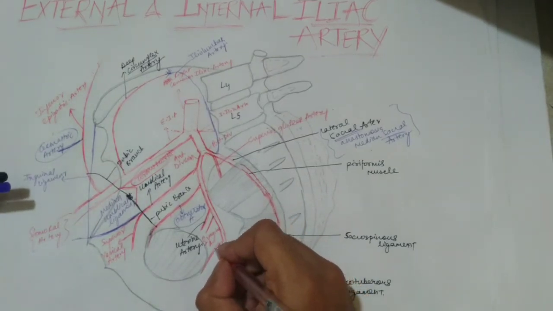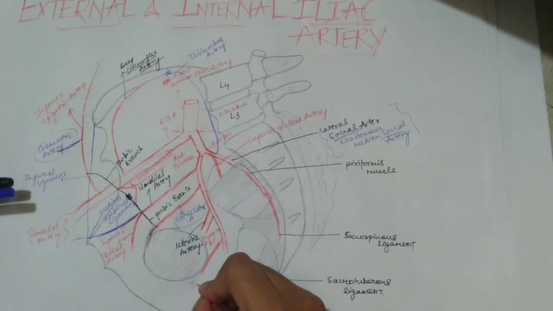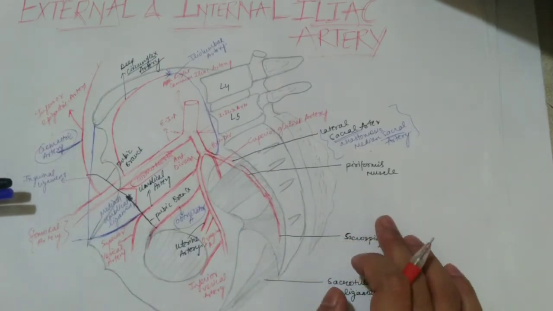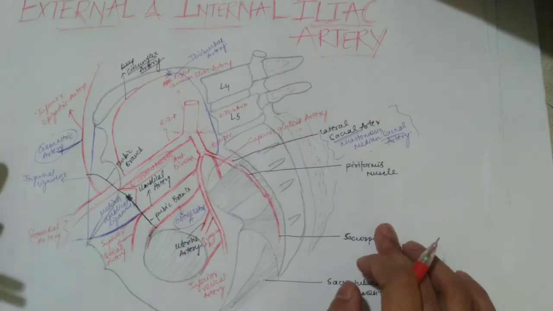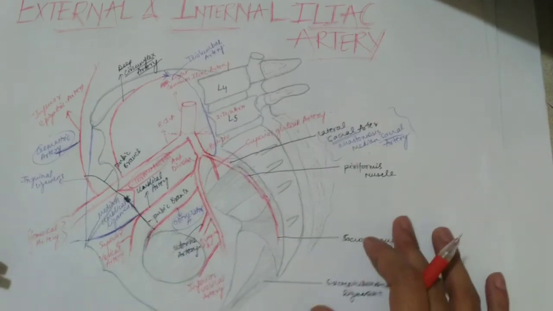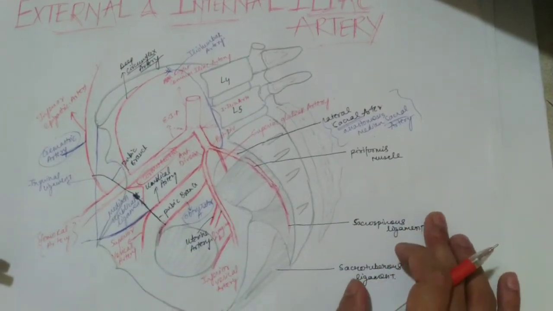The inferior vesical artery supplies the inferior aspect of your urinary bladder, and it anastomoses with your superior vesical artery in the region of the urinary bladder. There is also a branch called the artery to the vas deferens.